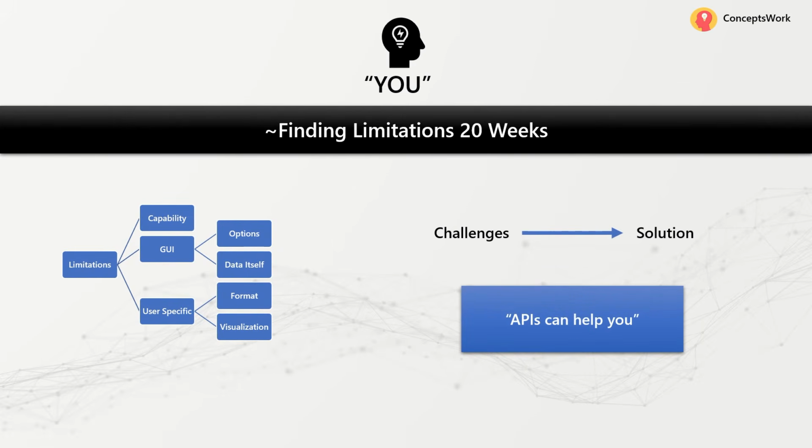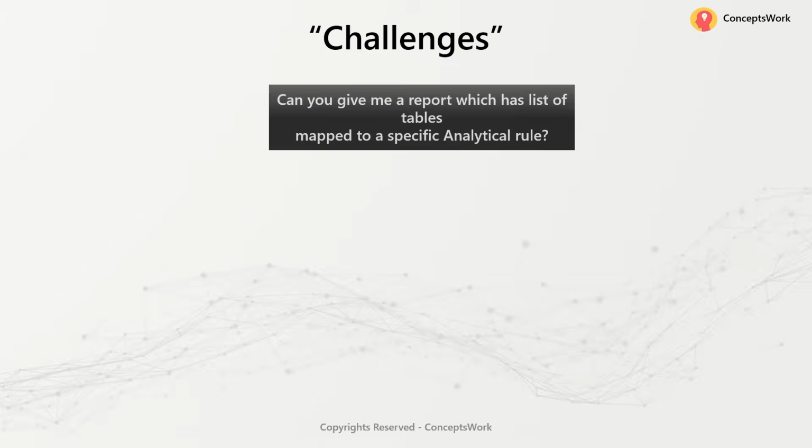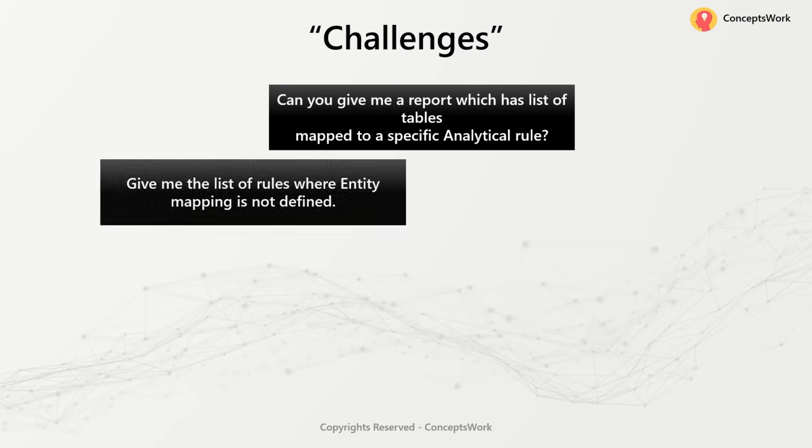Just to address and highlight a couple of daily challenges, can you give me a report, let's say, which has the list of all the tables mapped to specific analytical rules? The answer is no, it's not available by default. Or give me the list of rules where entity mapping is not defined. Now, this is something which I have seen.